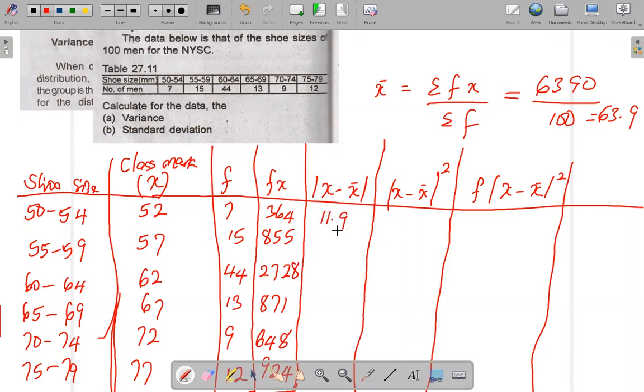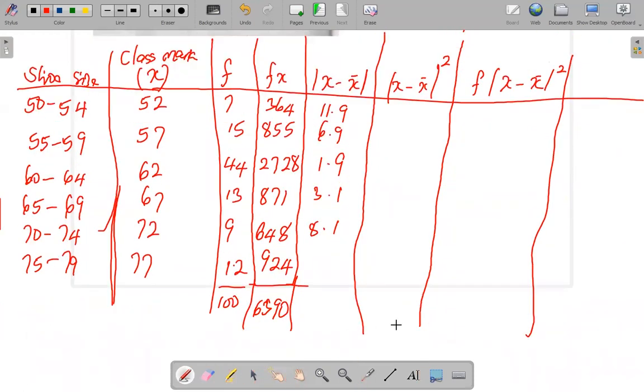Then 57 minus 63.9 is 6.9. 62 minus 63.9 is actually minus 1.9, the absolute value of which is 1.9. Then 67 minus 63.9 is 3.1. 72 minus 63.9 is 8.1. Then finally 77 minus 63.9 is 13.1.